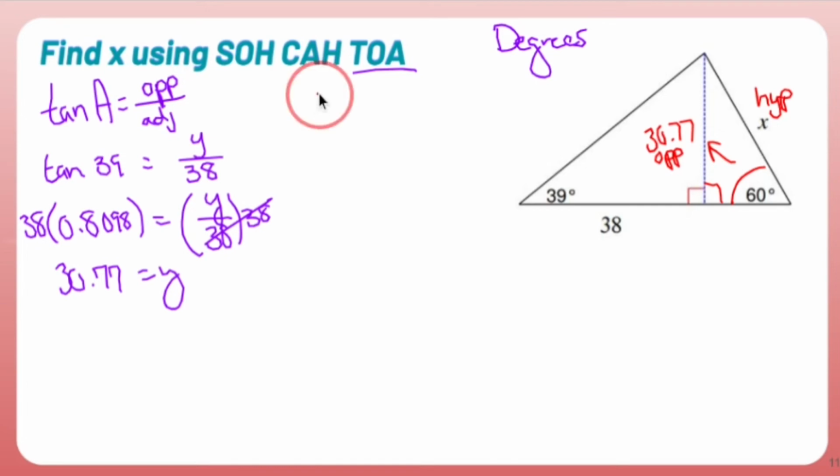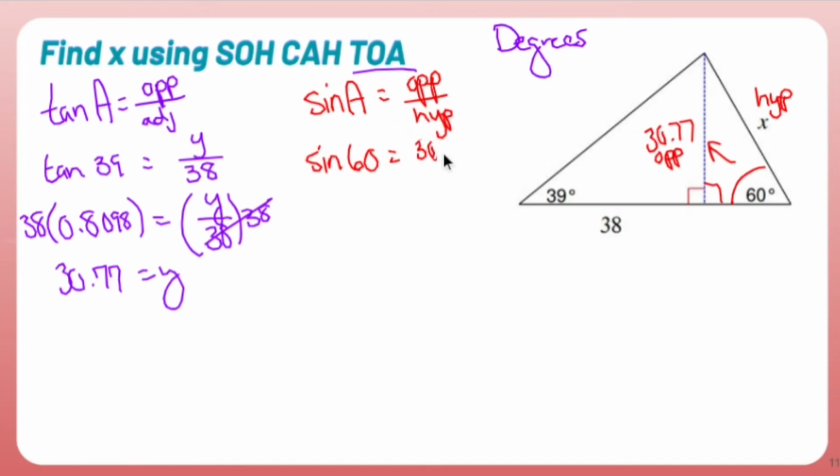So the way you set up sine is you say sine of your angle is going to equal the opposite side over the hypotenuse. And now we fill in what we know. Sine of 60 is going to equal the opposite side, which is 30.77 over the hypotenuse, which is x.